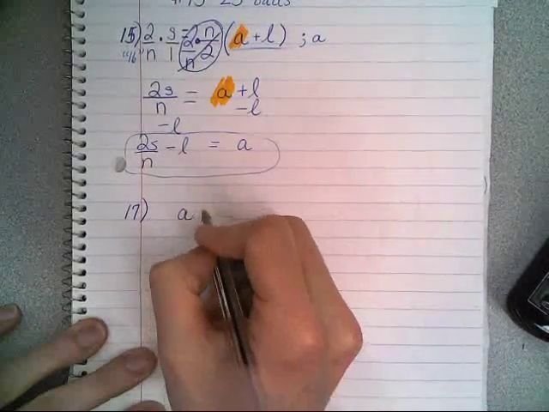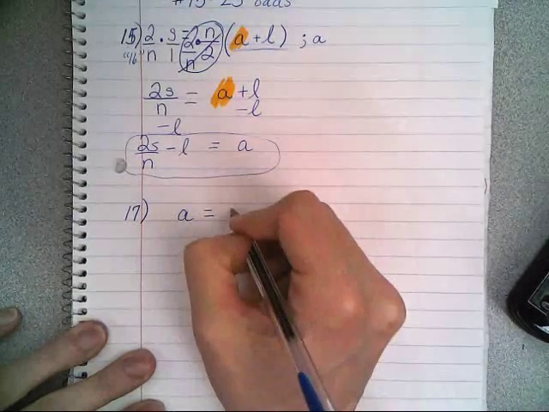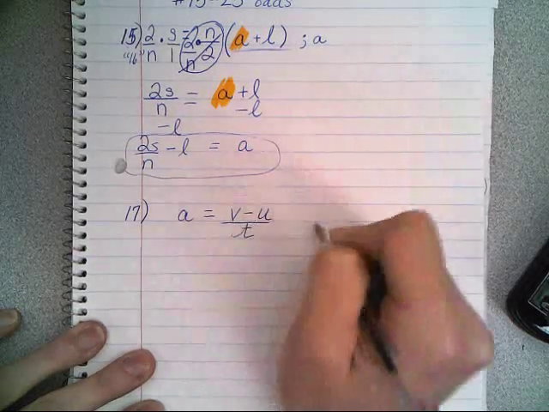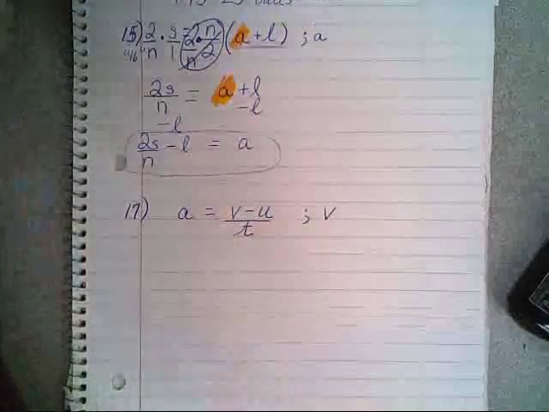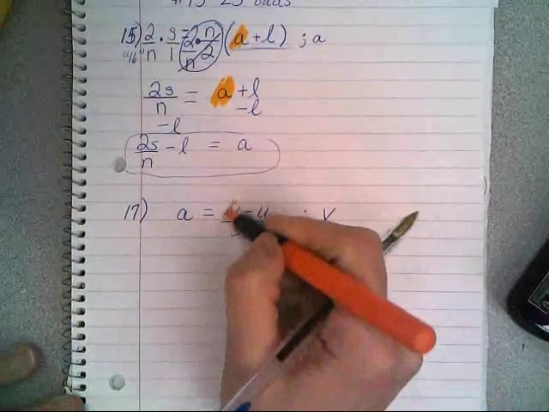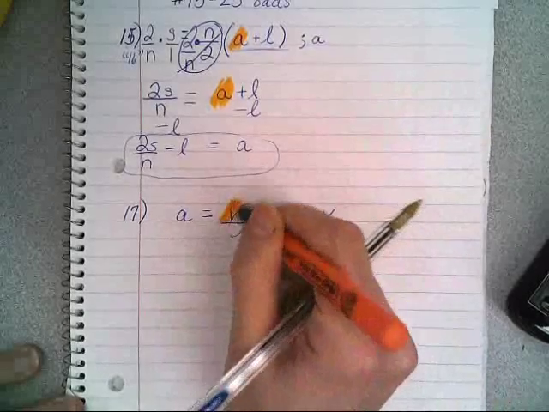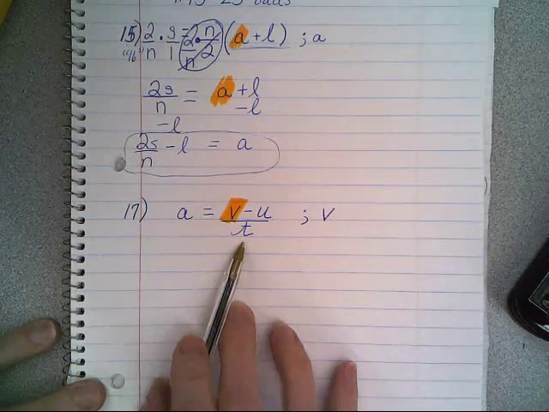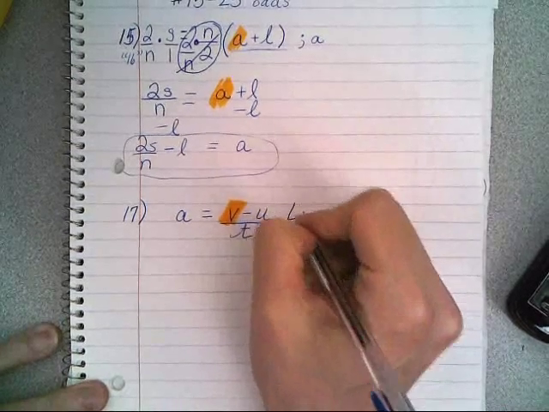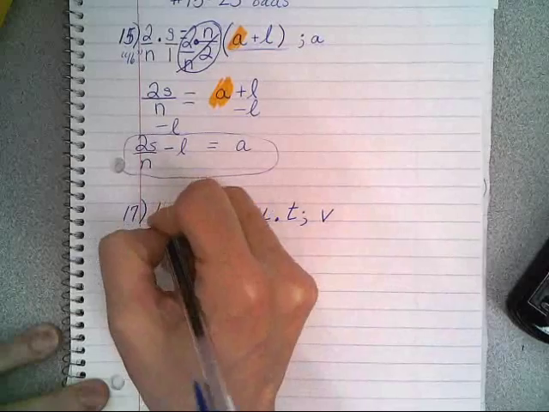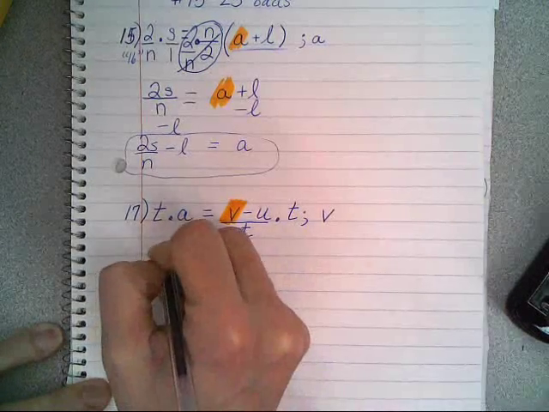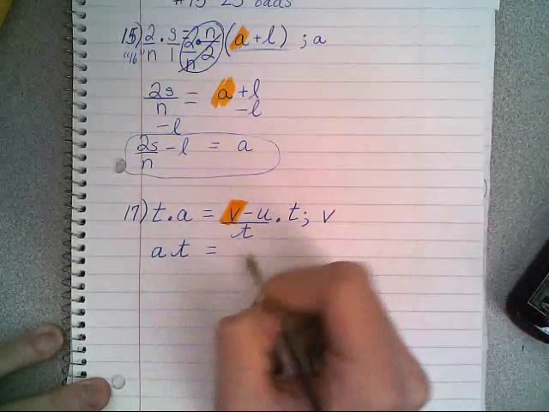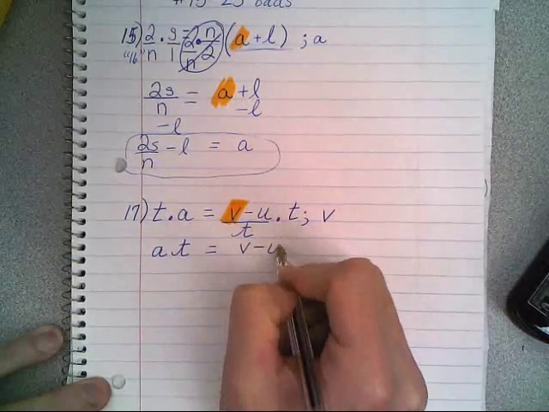17. A is equal to v minus u over t, and we are solving for v, which currently is trapped in the denominator of that fraction with the u. First thing we need to clear up is this t. Multiply both sides by t over 1, and you now have a multiplied by t is equal to v minus u.